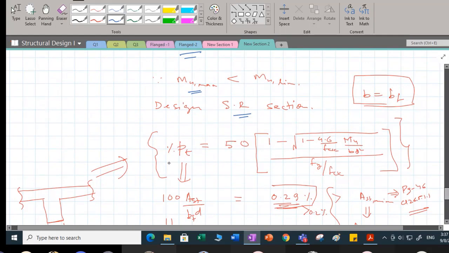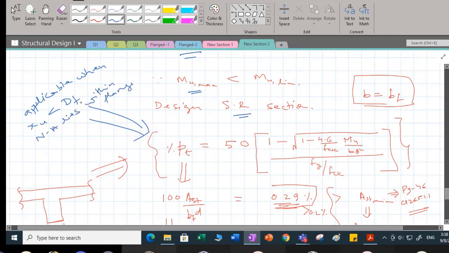Then I suggested you to use this formula, which is applicable. So please note this formula is applicable when your Xu is less than depth of flange, or you can say when neutral axis lies within flange. So make this note.